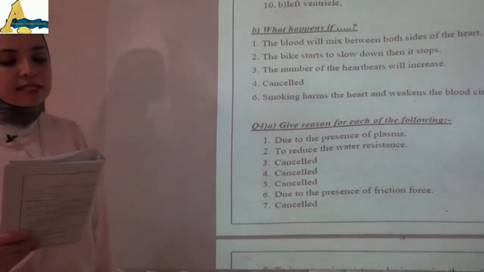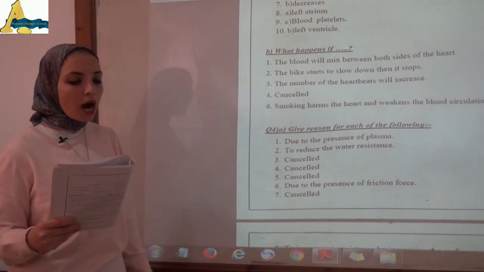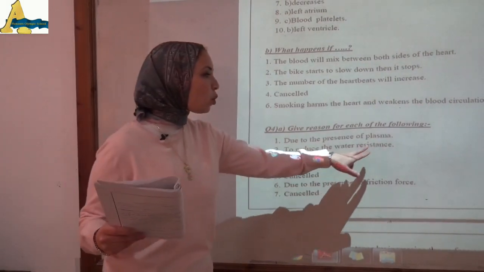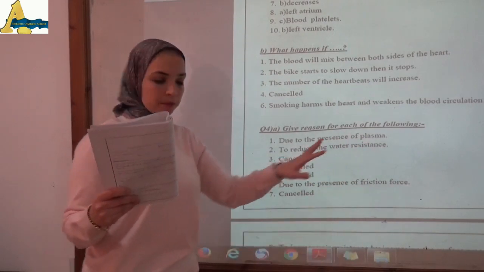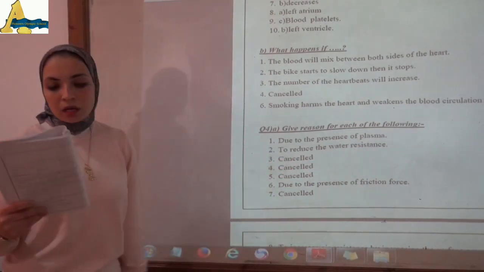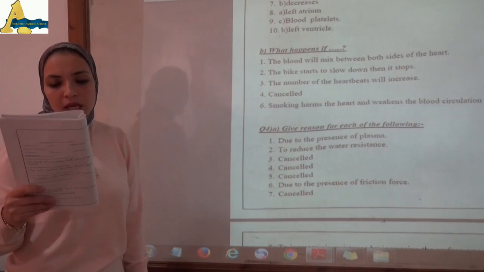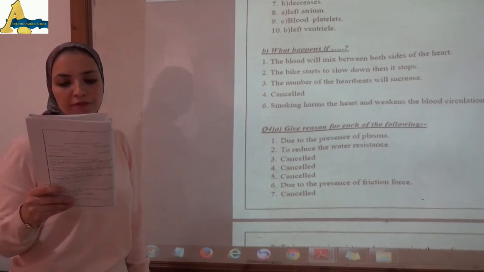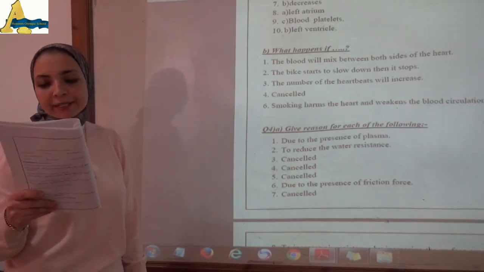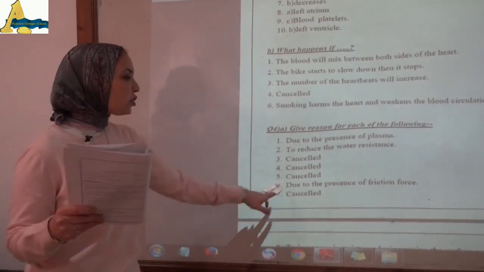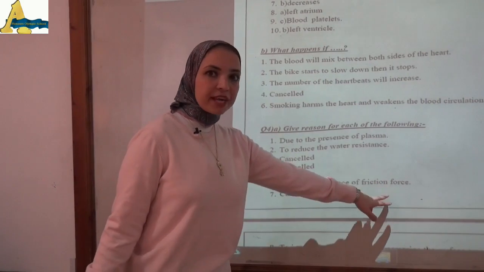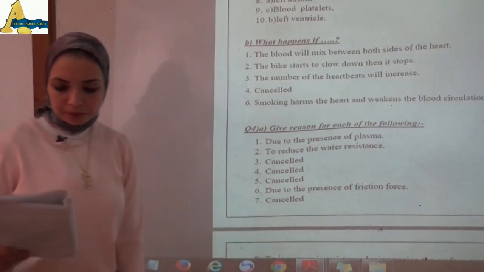A fish has a streamlined shape. Why? To reduce the water resistance. Number 6. If you push a toy car on the floor, it moves for a certain distance till it stops. Why? Due to the presence of friction force.